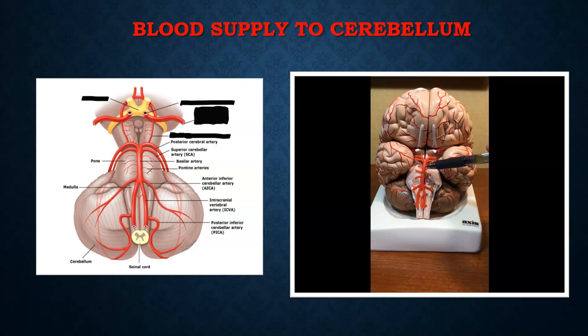This is the basilar artery where you see these branches. These are pontine arteries supplying blood to the pons. As we go further up, you see this first artery right here, this lower one which I'm moving. This is the superior cerebellar artery.